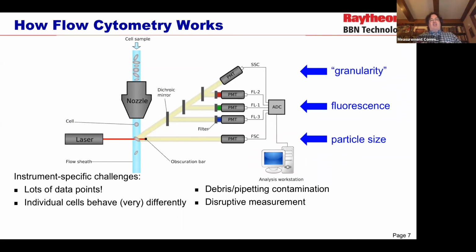And not everything that goes through is a cell or is the cell that you want. You also will get measurements from debris that you need to filter out, from clumps, and if you have pipetting issues, you can get contamination from one sample to the next sample. We'll see how to handle some of these things as we go forward.